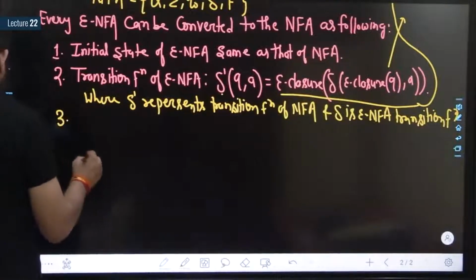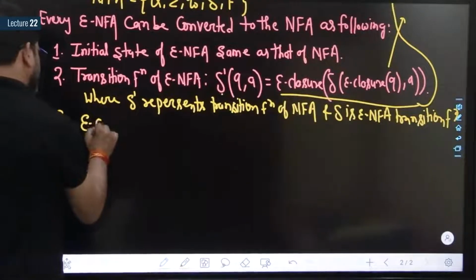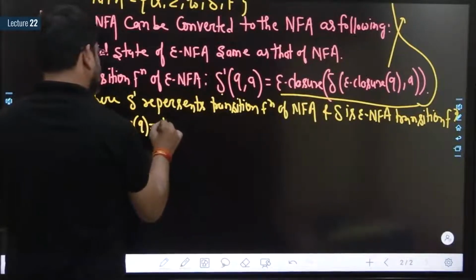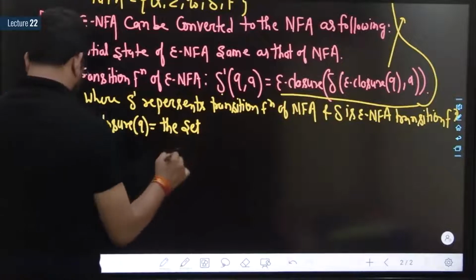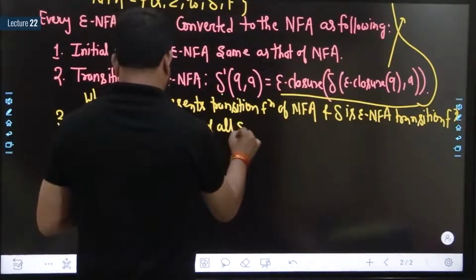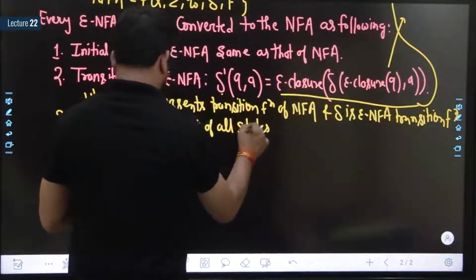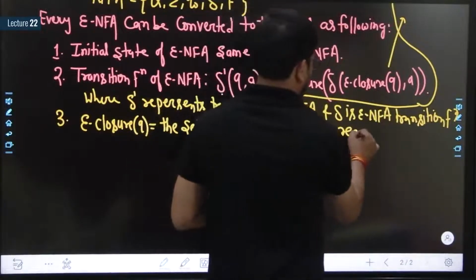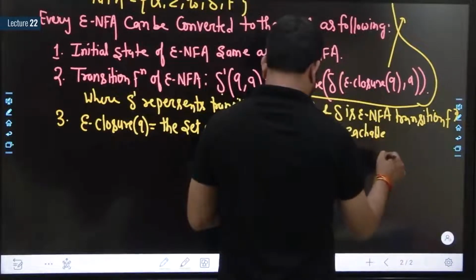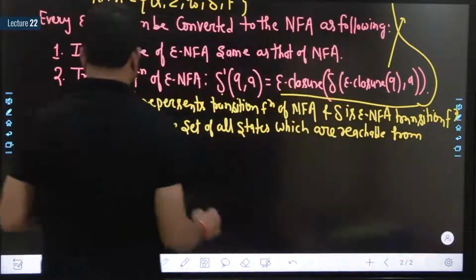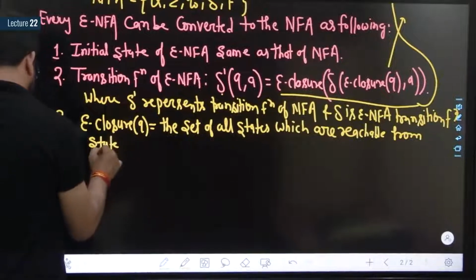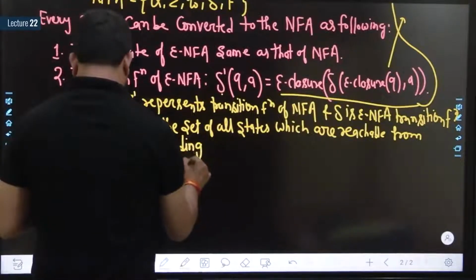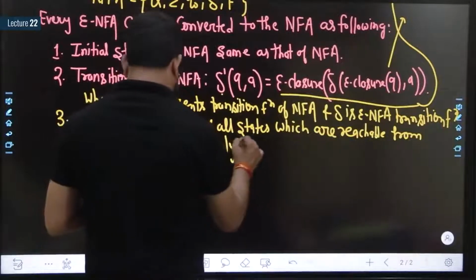Third point. What is epsilon closure? Epsilon closure of Q contains the set of all states that are reachable from state Q by reading only epsilon.